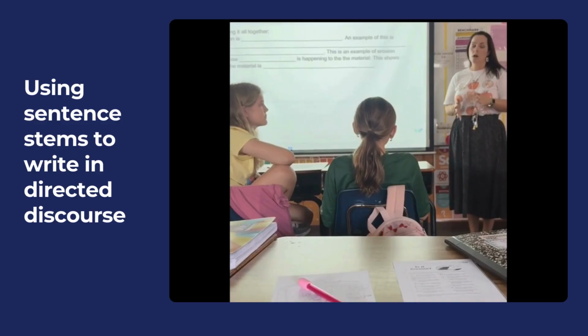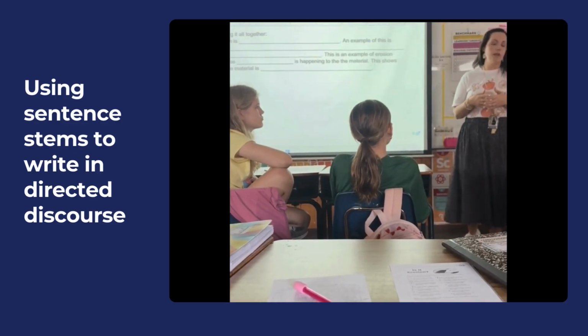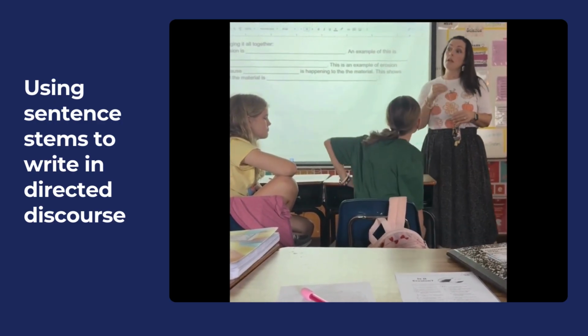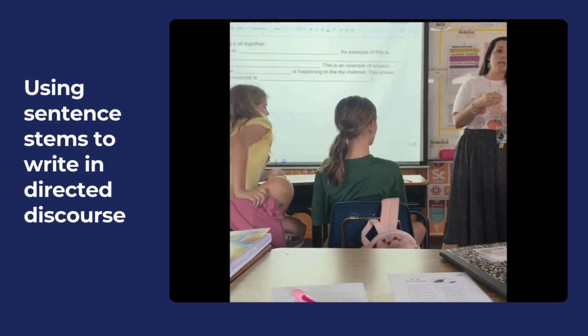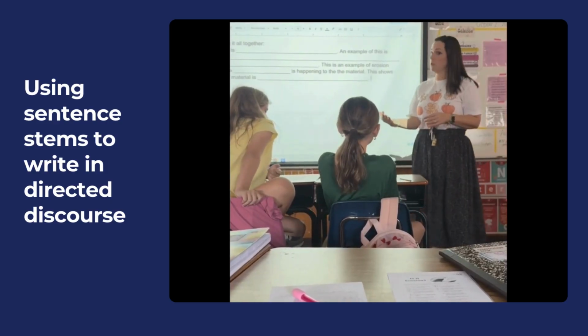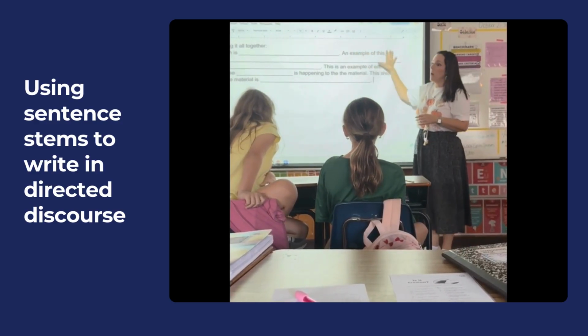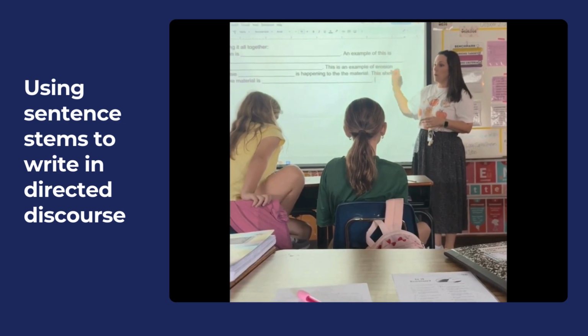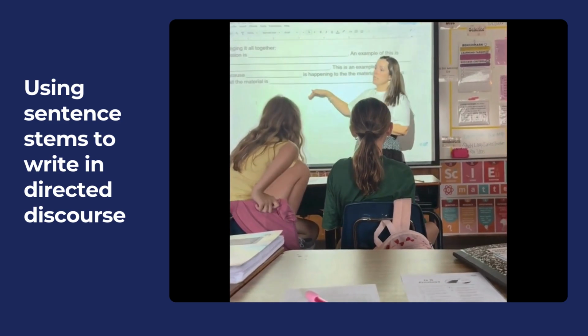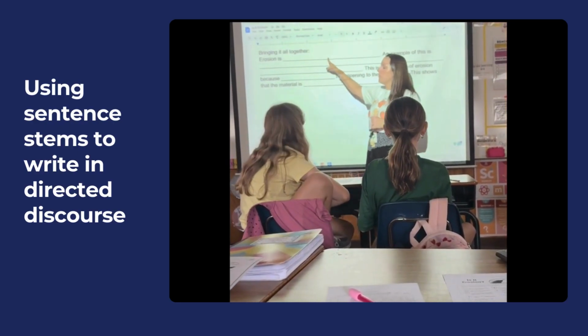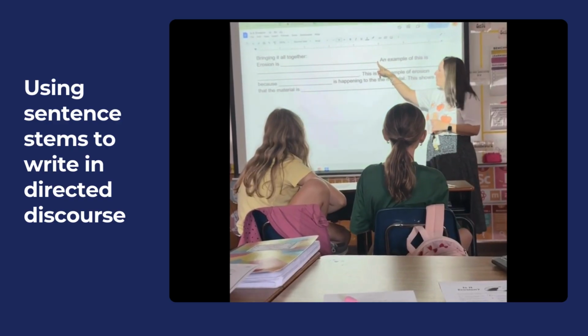All right. Now that you and your partner have discussed your examples, decided whether each one is erosion, and how you know, you're going to bring it all together and write one statement about erosion using your sentence stems. Start with: Erosion is, and tell me the definition you came up with.